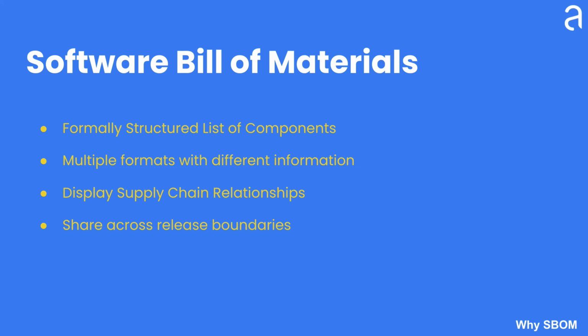And finally, this is the most important part. We want to start talking about how we share information about our software across these release boundaries. So if I go to the Anchore release page and I pull down Syft or I pull down Grype or I pull down an action, that shouldn't be the end state. I shouldn't just have the checksum and say, thumbs up, that checksum is great. I should have this programmatically generated list of components that I can stick into something else that then says, yes, this was attested by Anchore.